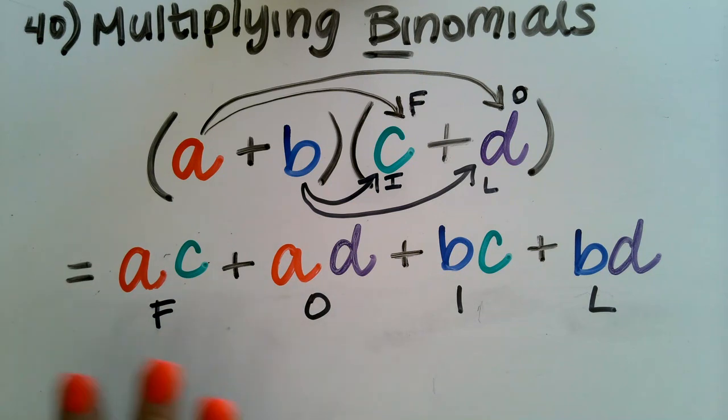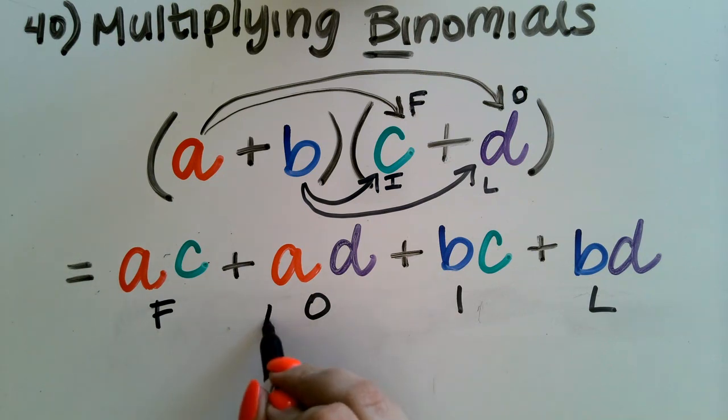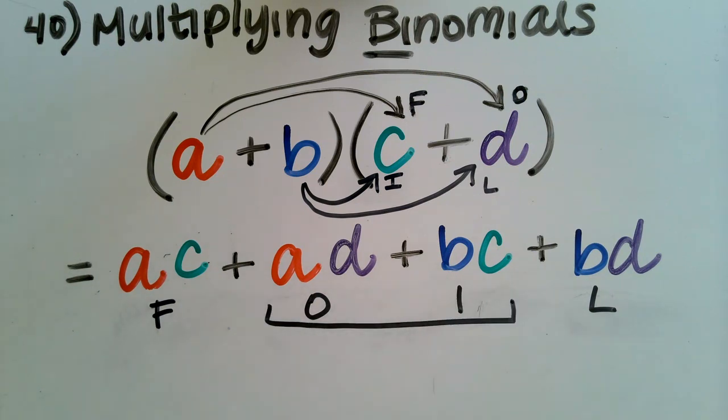Generally speaking, nine times out of ten, you are going to combine your O and your I into one set. They are most likely going to be like terms. Not always, but most of the time.